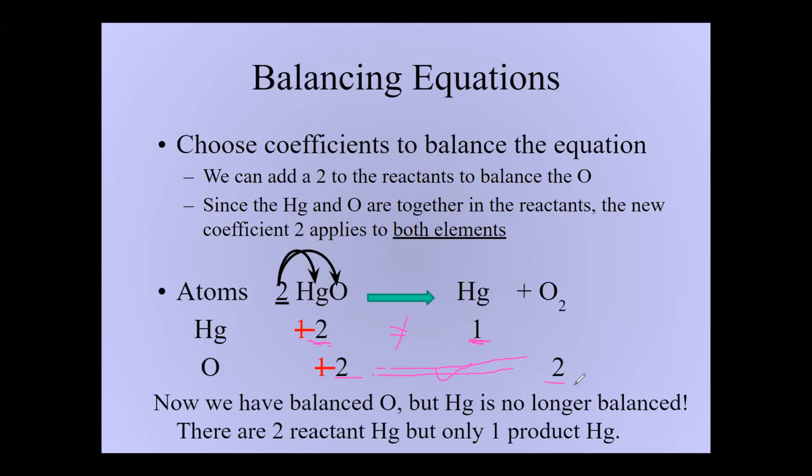We have balanced oxygens, which is good, but we made our mercuries unbalanced. 2 in the reactants, but 1 in the products. So we have to do something in order to make these mercuries balanced. We can't take away this 2 because we need it for the oxygen. So maybe we can do something to the mercury, the Hg, in the products.